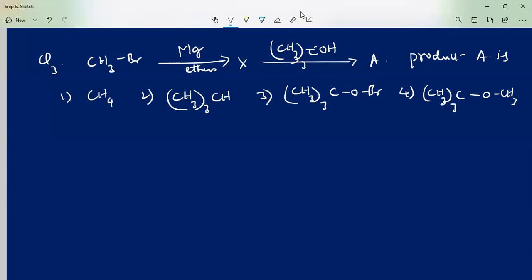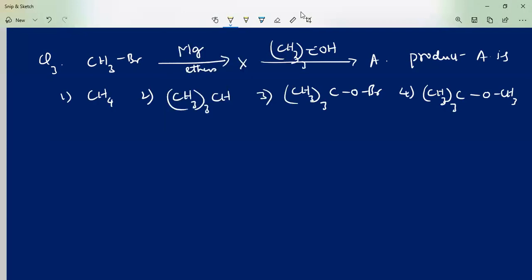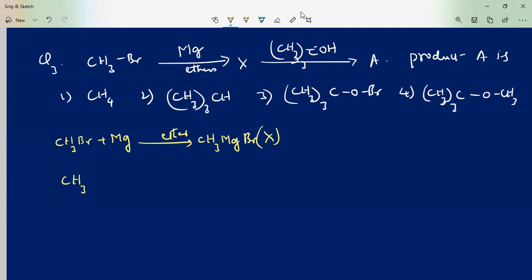Dear students, whenever this type of challenge is in front of us, we have to solve all the conversions. Methyl bromide treated with magnesium in ether generally gives methyl magnesium bromide, CH3MgBr, the Grignard reagent. This is X. Further, the Grignard reagent reacts with tertiary butyl alcohol, (CH3)3COH.